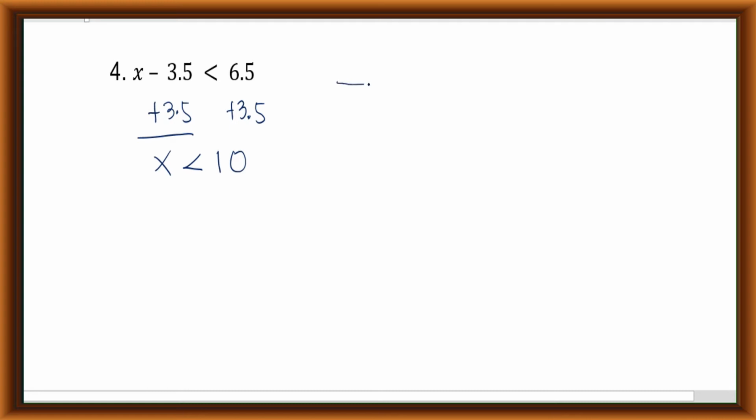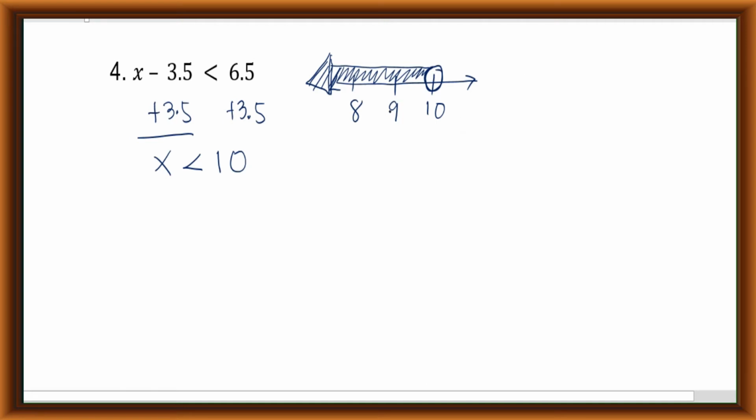Again, on the number line, let's have 8, 9, and 10. We will exclude 10, and the direction of our inequality is moving to the left side.